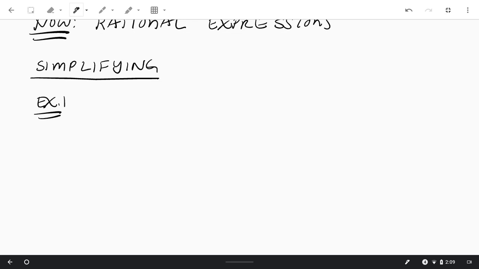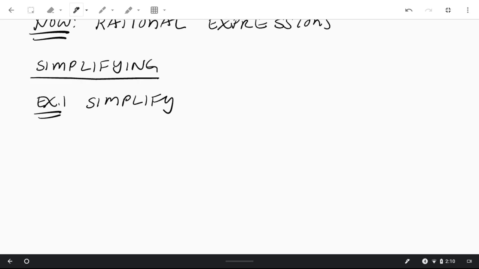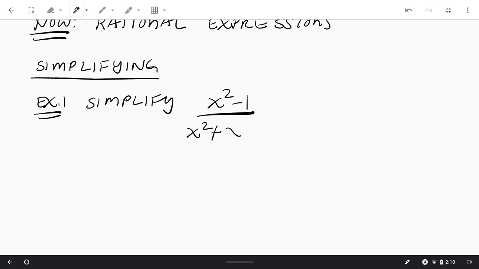Okay, so let's take a look at this example. Suppose that we have to simplify this problem: x squared minus 1 all over x squared plus x minus 2. The first thing you want to do is factor first.